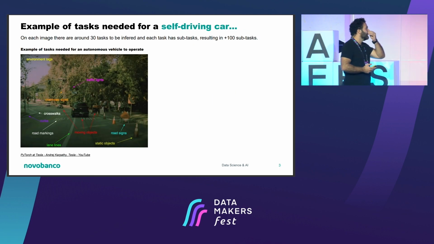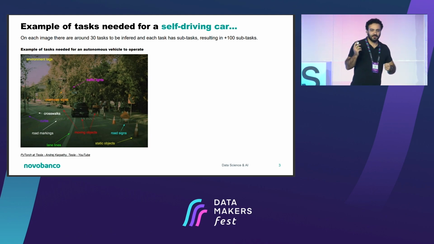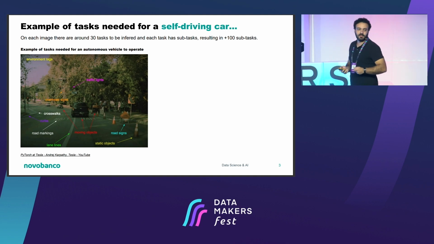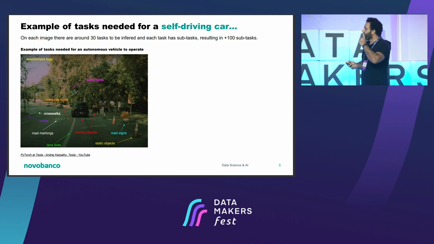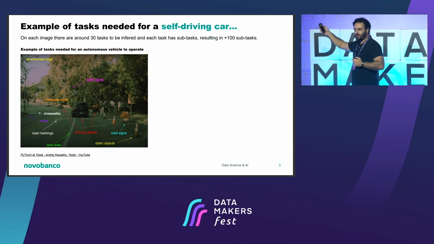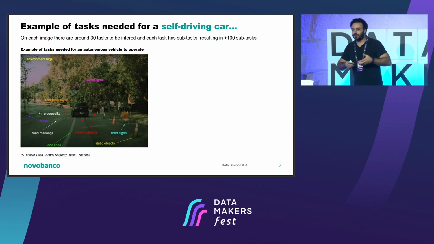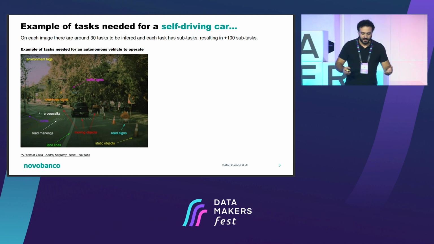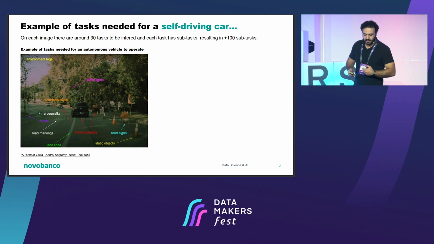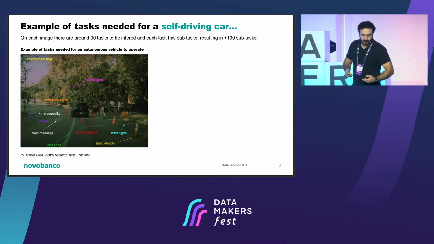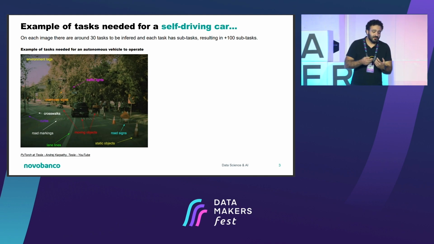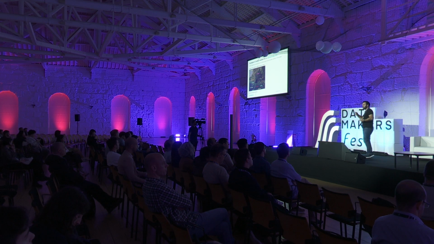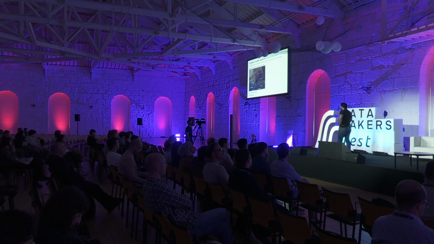However, when we look at this picture, taken from a Tesla presentation at a PyTorch conference, you see a lot of tags on this image, because this is a very simplified version of what the autonomous vehicle actually sees. You will have traffic lights, you will need to identify the road signs, the static objects, moving objects, and so on and so forth. You will even need to identify environment tags, like if the vehicle is in a residential area or in a tunnel.